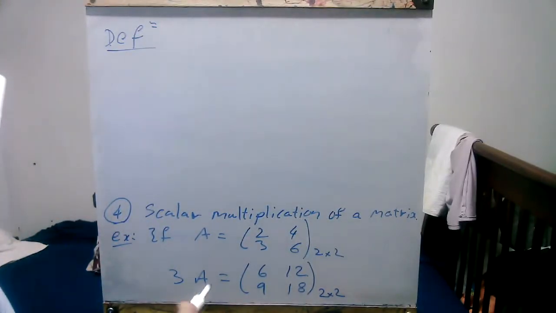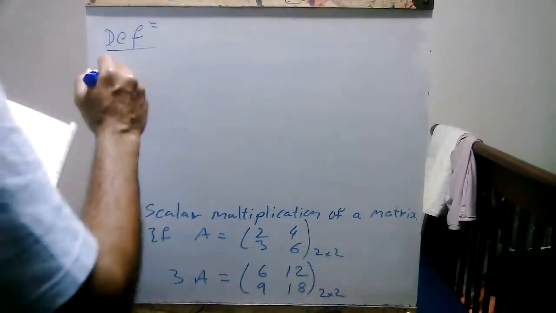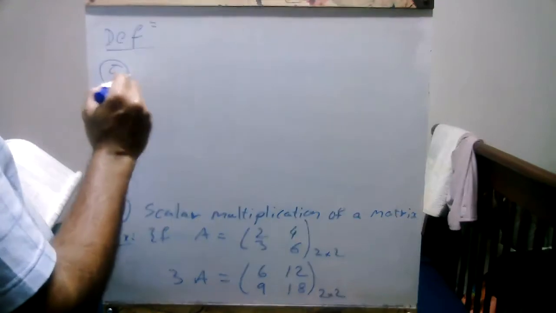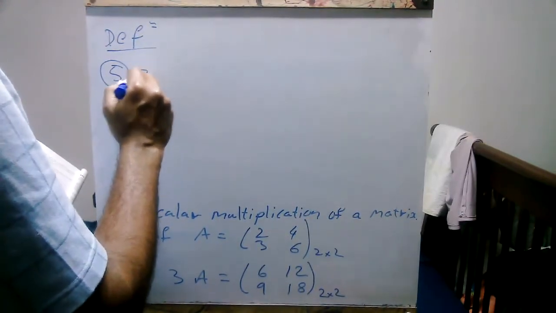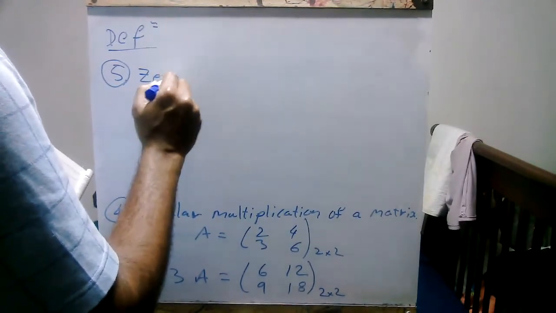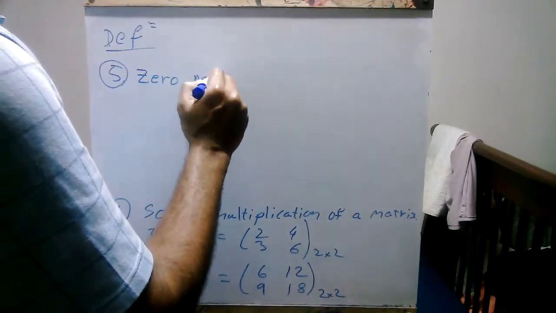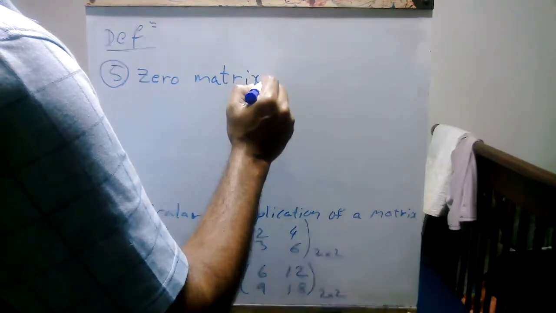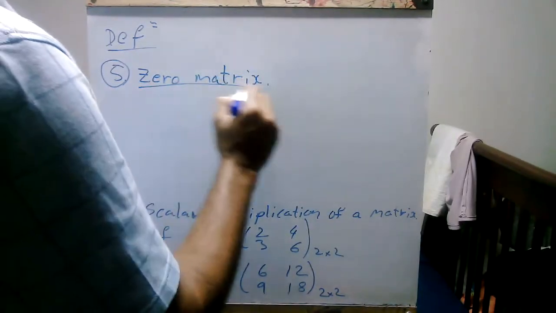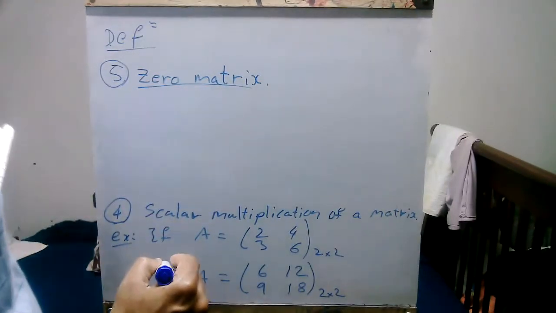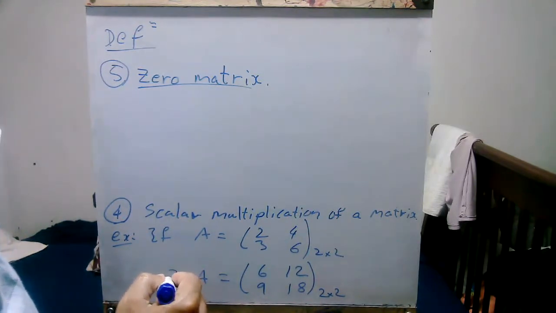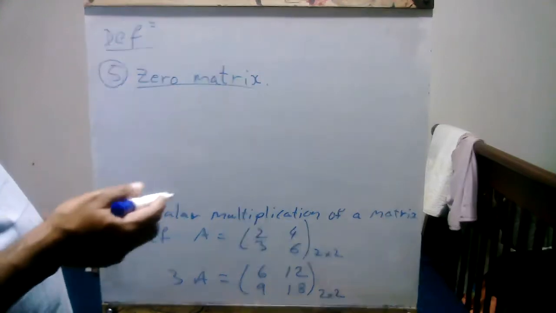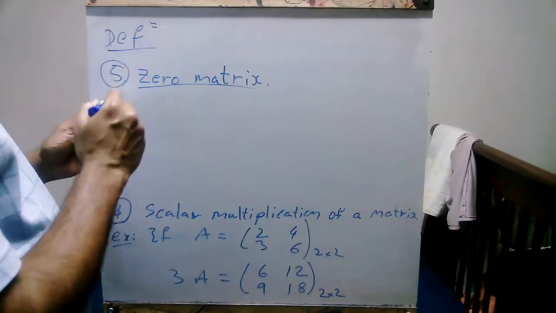Number 5 is about zero matrix. A zero matrix is a matrix whose all elements are 0.